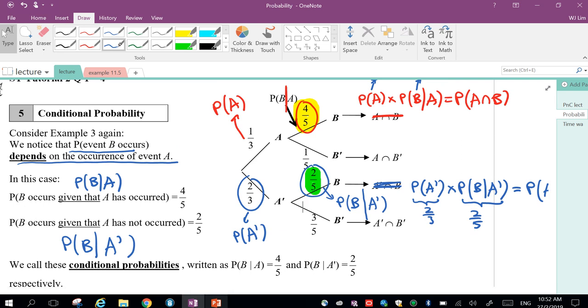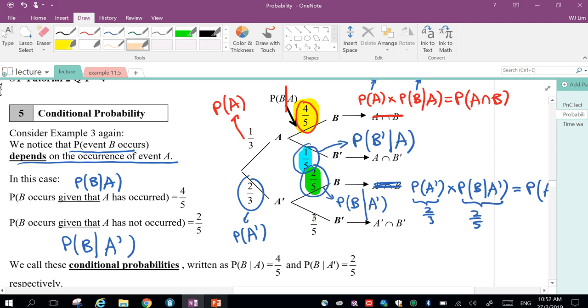Then what about the 1/5 here? Too many circles. The one in blue is probability B prime given A. The one in orange is probability B prime given A prime has occurred.